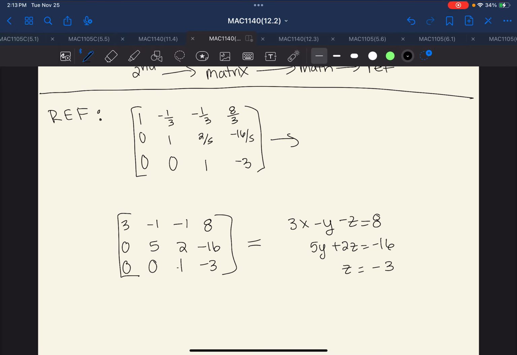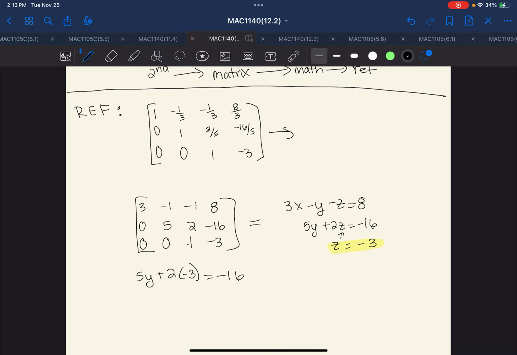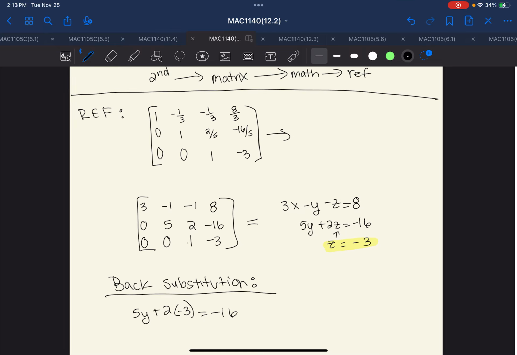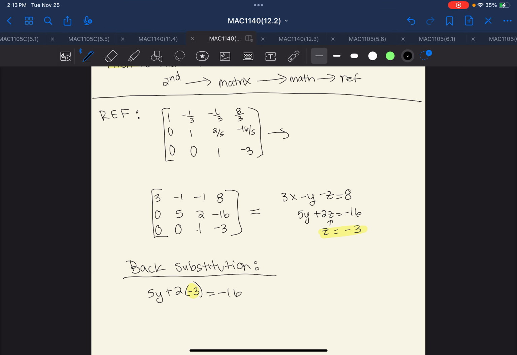So I can actually use this z value and plug it into the second equation to find y. This would be 5y plus 2 times -3 equals -16. Now we would be doing the step of back substitution into equation 2.